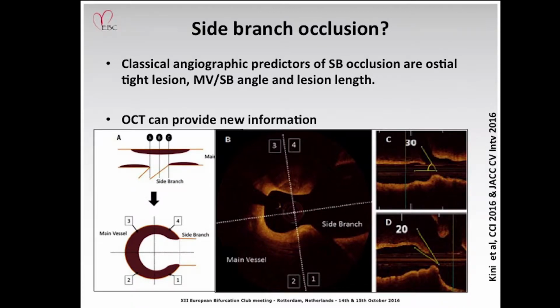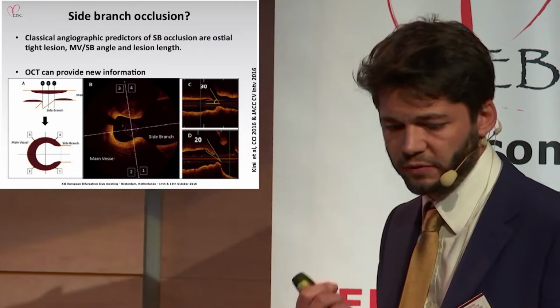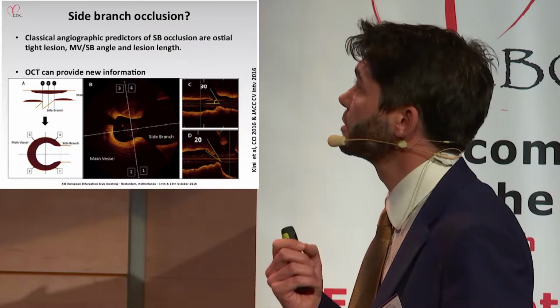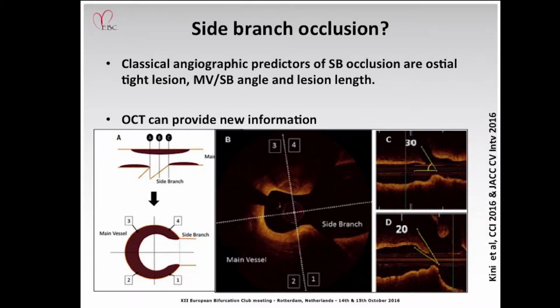So what about side branch occlusion? It is a very classical and frequent complication of bifurcation lesion PCI. We know from previous works that there are some classical angiographic predictors such as ostial tight lesion, main vessel side branch angle, and lesion length.